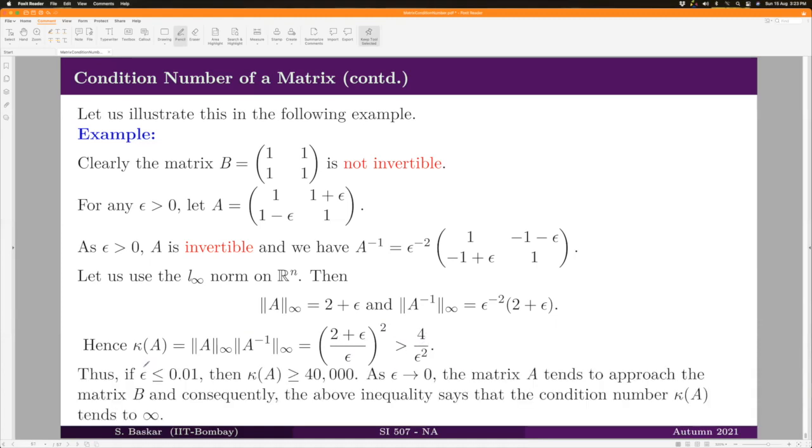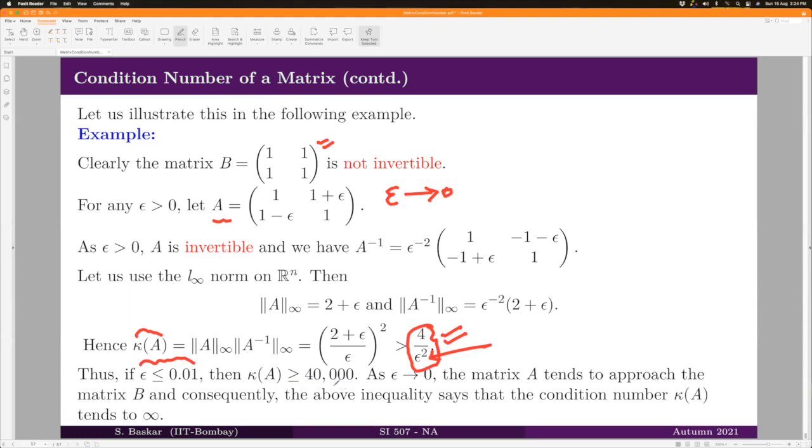Now you can see that if you take epsilon tending to 0, your matrix A is tending to B, right? And you take some very small epsilon, you will see that your condition number will be something greater than this number, where epsilon is very small. Therefore, this number is very large, and your condition number is bigger than that number. For instance, you take epsilon less than 0.01, the condition number will be greater than 40,000.